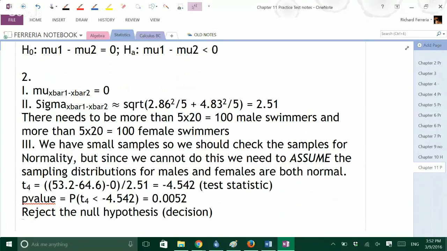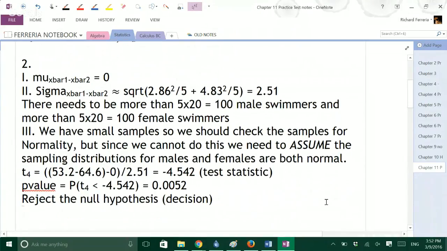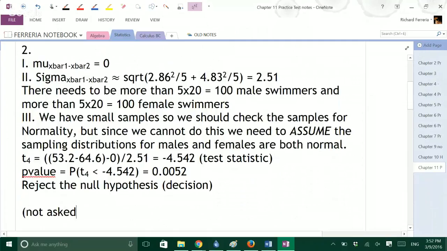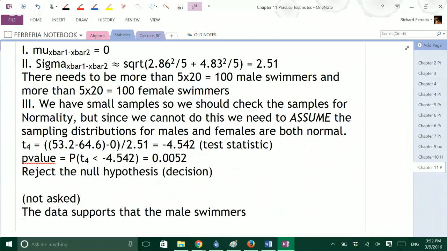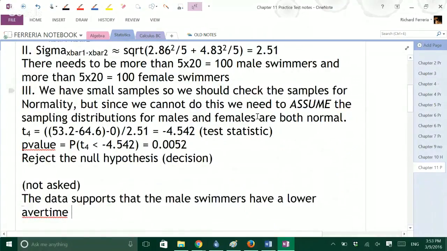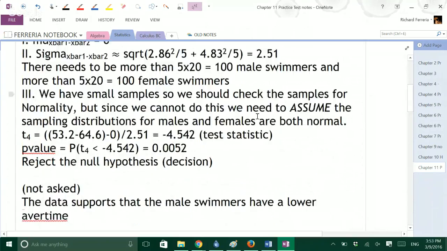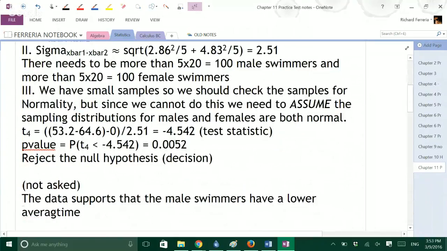It doesn't ask you to interpret, so you don't have to interpret. If we were going to interpret, so not asked, but we have the, let's see, the data supports that the male swimmers have a lower average time than the female swimmers.